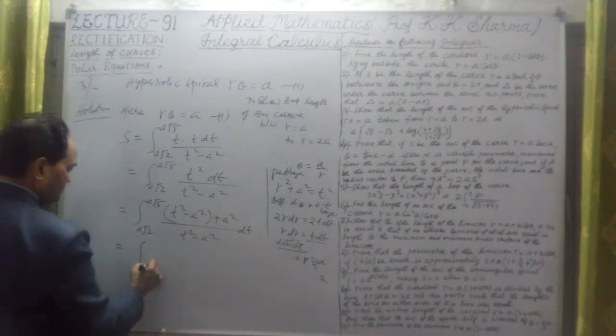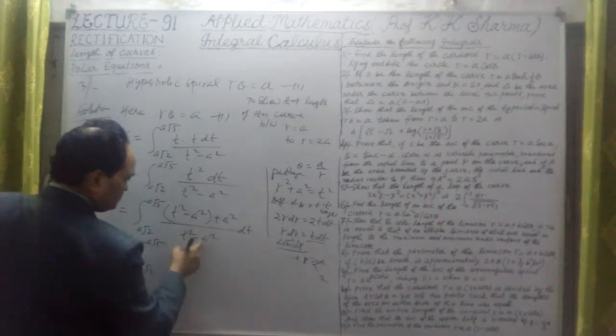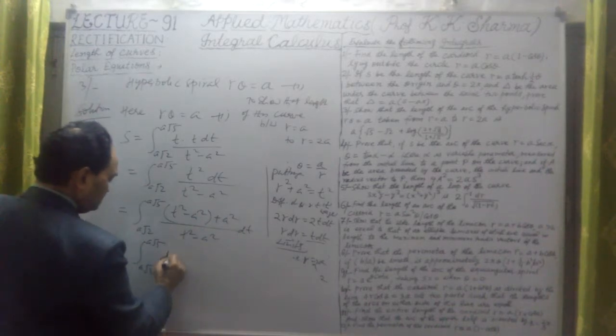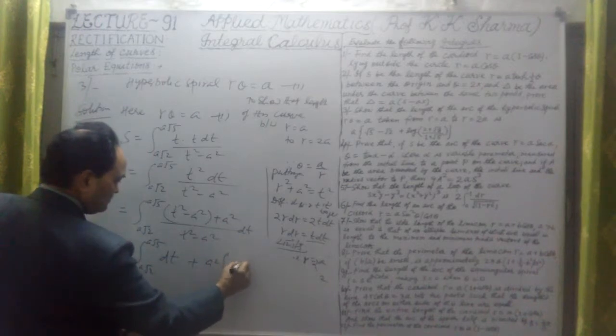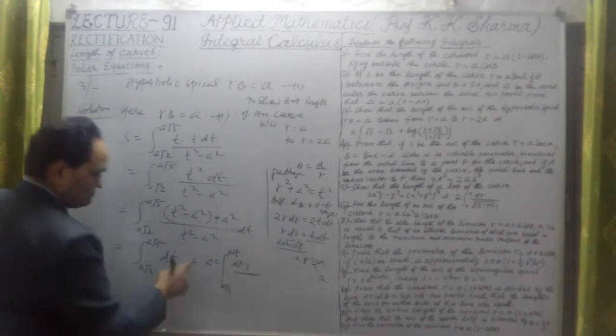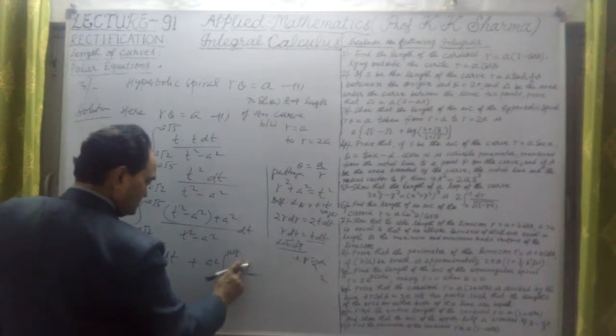The first part is 1, t square minus a square upon t square minus a square, which is dt only, plus a square into dt upon t square minus a square, with limits a root 2 to a root 5.